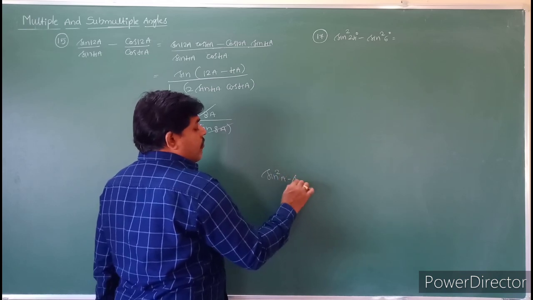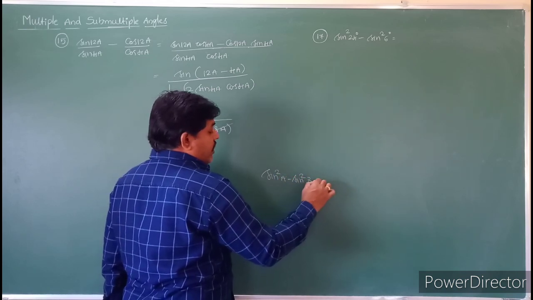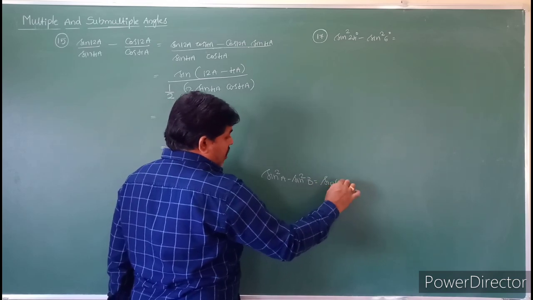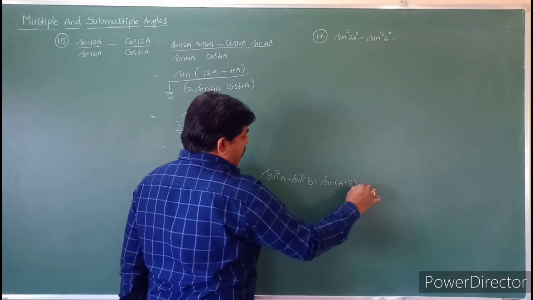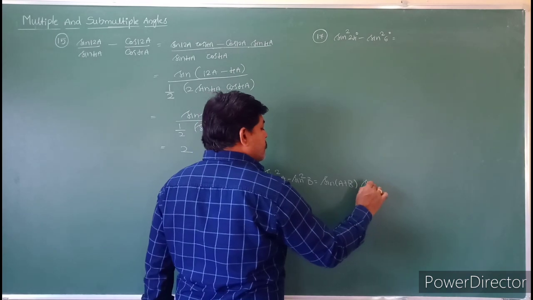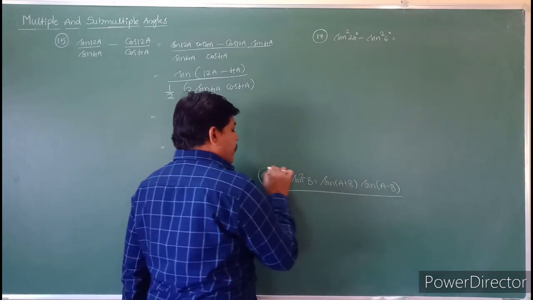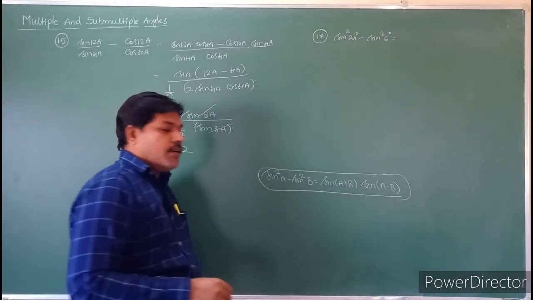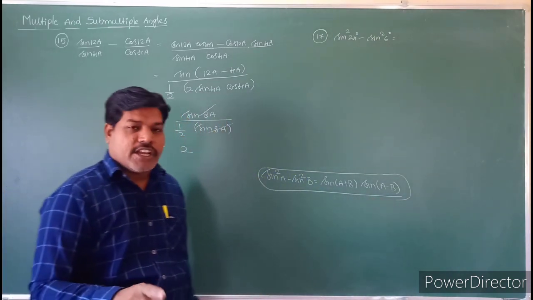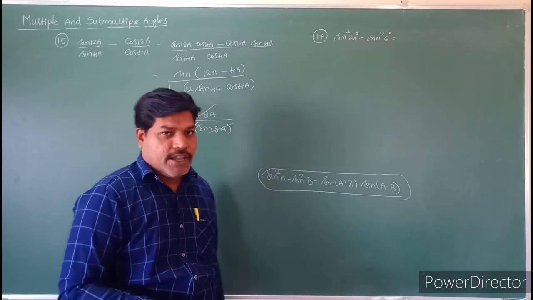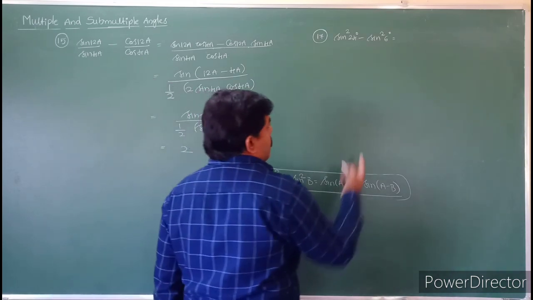Sin square a minus sin square b is equal to sin of a plus b into sin of a minus b. So I will apply this formula here.